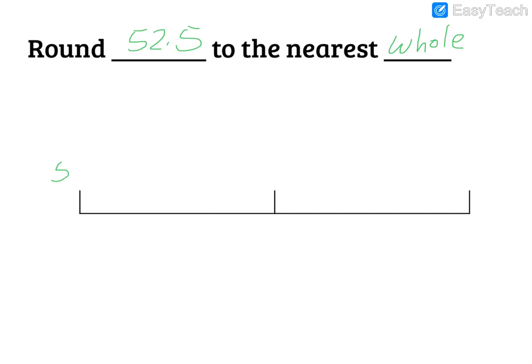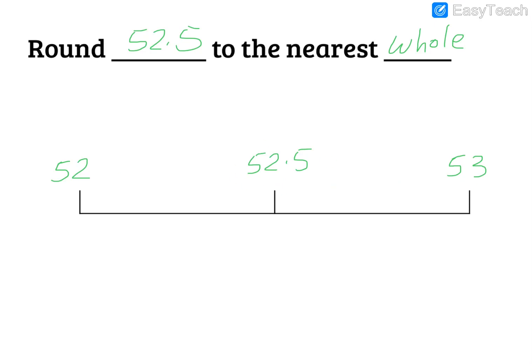Well, it's a bit bigger than 52, and it's a bit smaller than 53. What would be bang in the middle would be 52.5, but that was the number that we were trying to round, right? 52.5 is that number. So it's exactly halfway in between 53 and 52.